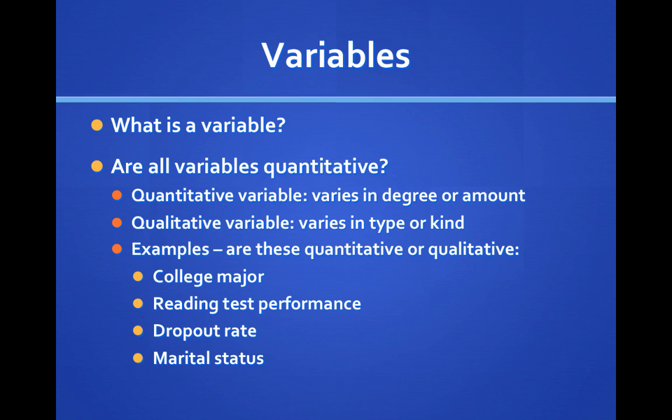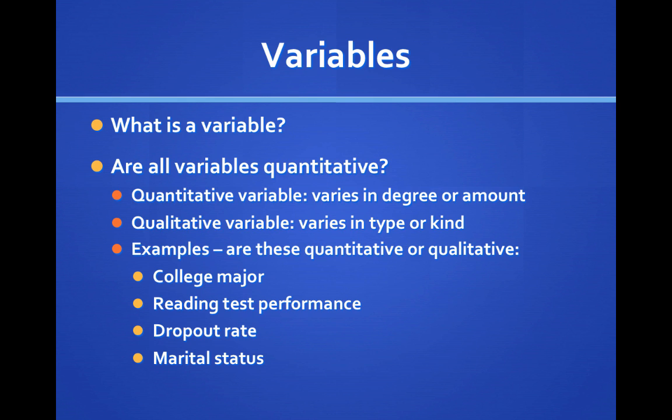Marital status is one that sometimes can be tricky. I'm not sure why. I think because in our heads, we assign relative good and bad dimensions to marital status. But there are all different types, right, of marital status. And that word is a clue because marital status is actually a qualitative variable. People can be divorced, married, separated, widowed, single, probably other things.